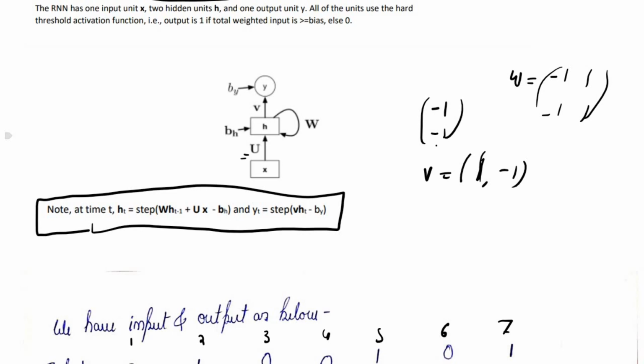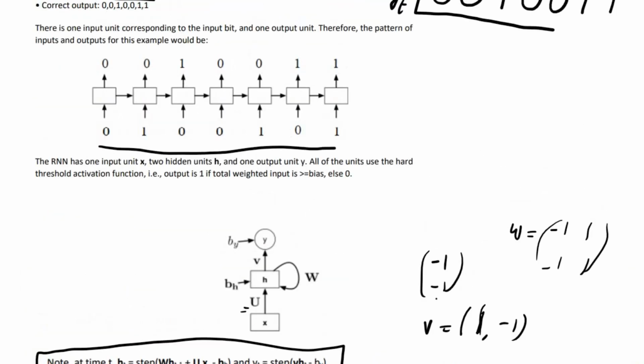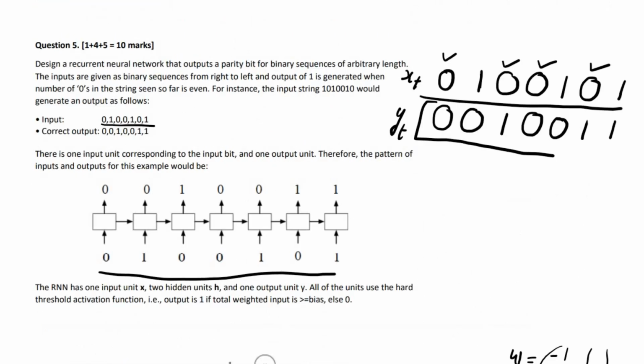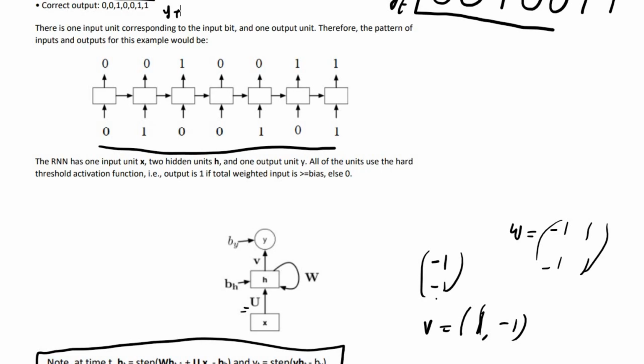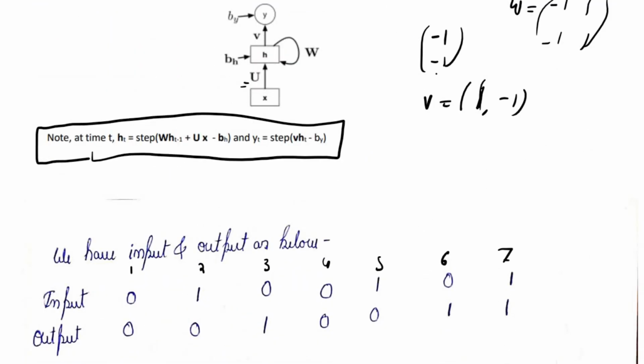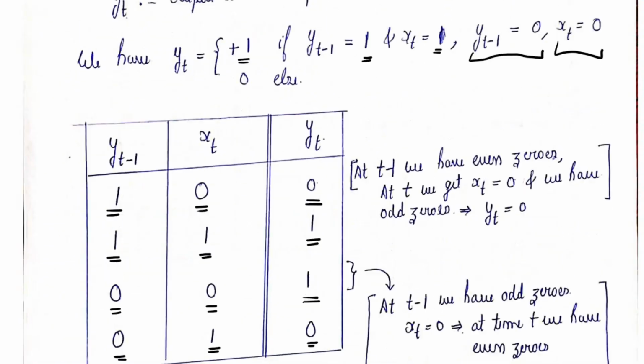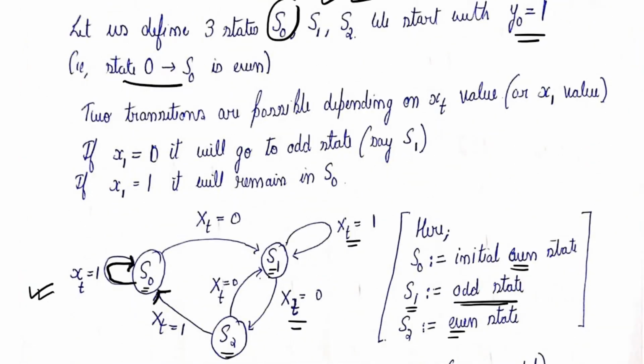And this is how we were able to map a given set of input output combination to a formulation of a recurrent neural network. An input and output combination was given, xt and yt, and we had to formulate it in the form of an RNN. We proceeded with first of all finding the states which were defined over here.